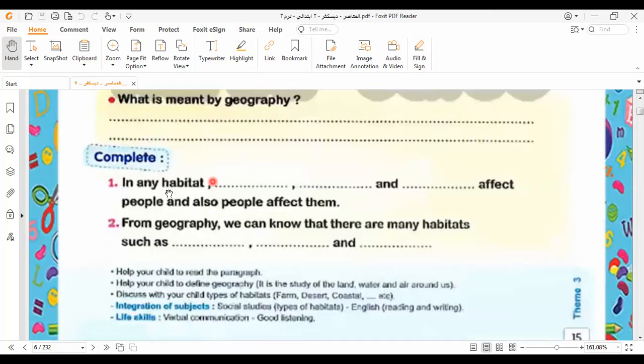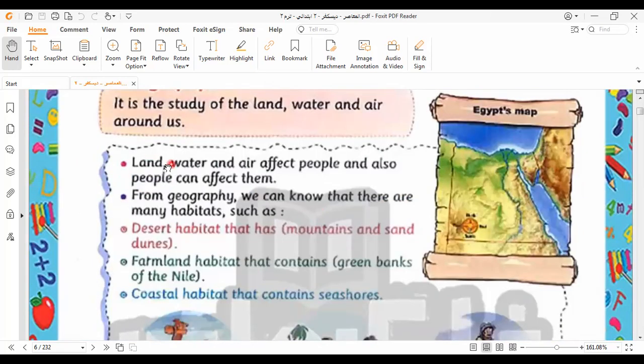Another one, in any habitat, space affects people. We have land, water, and air.